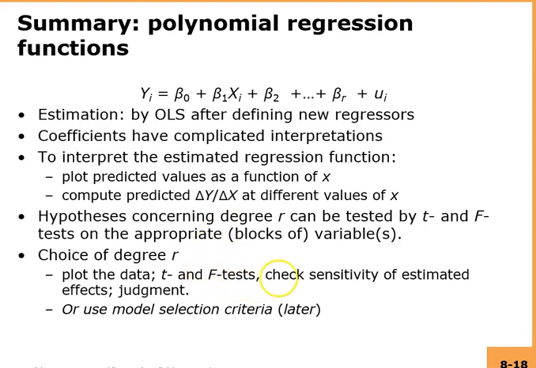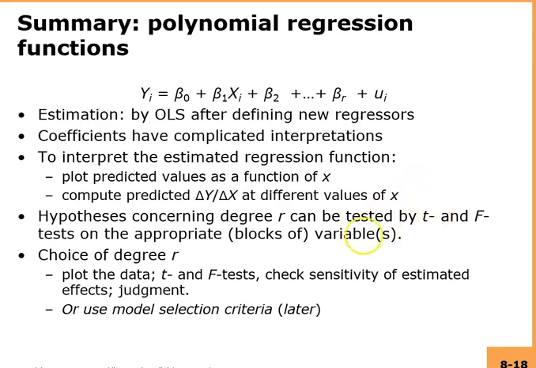Hypothesis testing concerning the degrees of polynomial can be done by using the t-test and the f-test on appropriate variables. For example, the t-test is important because you're looking at whether you reject or fail to reject the null hypothesis that the coefficient of the polynomial is equal to 0.